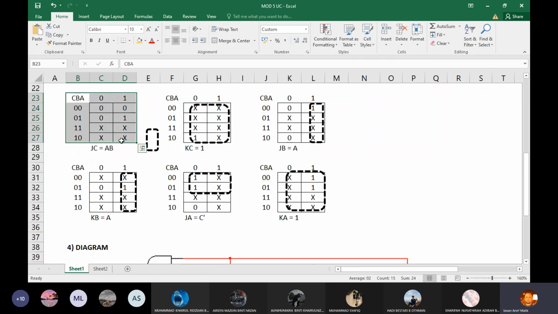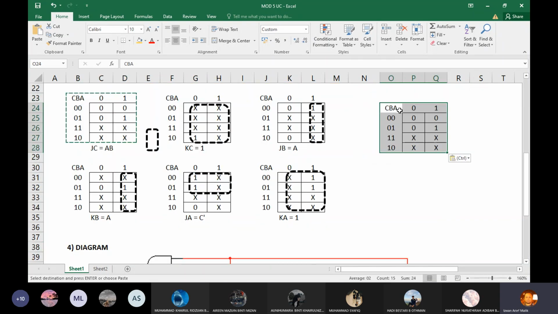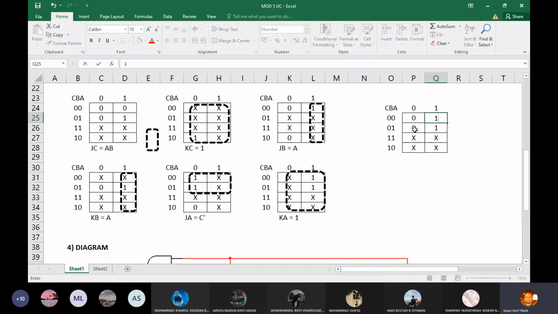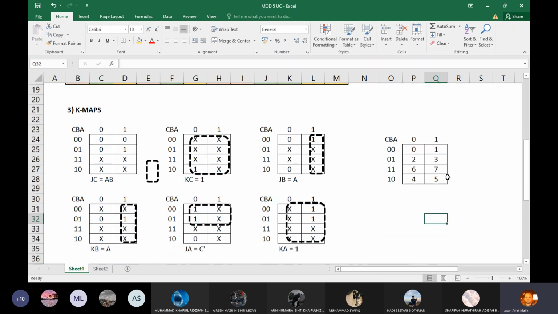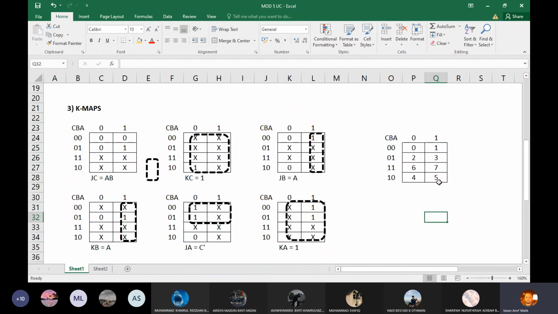Normally in your truth table and your K-map, the positions are 0, 1, 2, 3, 4, 5, 6, 7.